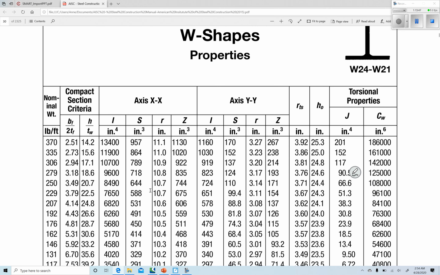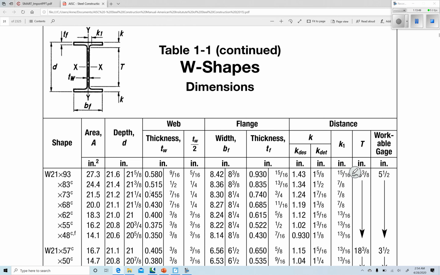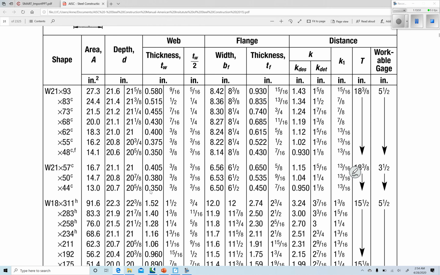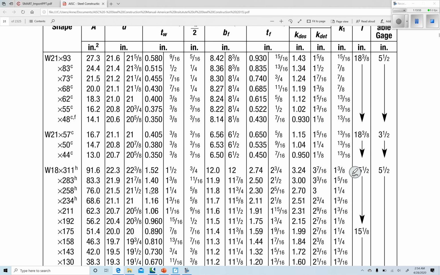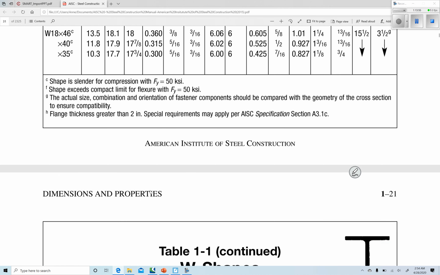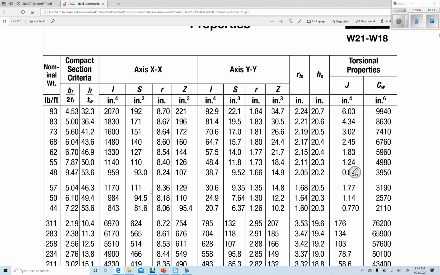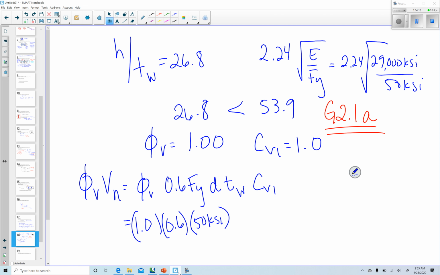Let's see, W21x50. There it is. h over tw of 49.4. Okay, 21. Apparently I was dyslexic for a second. So let me go back and change that.